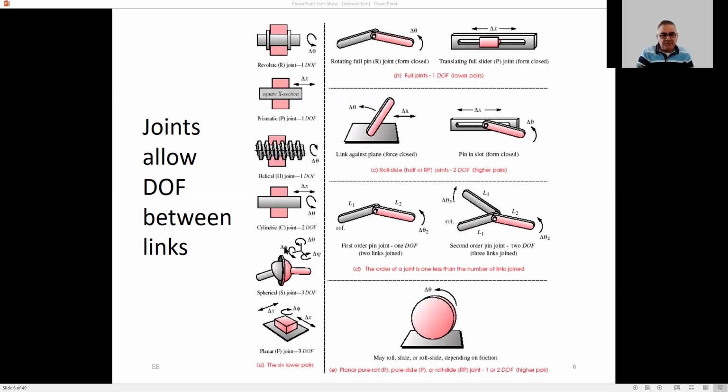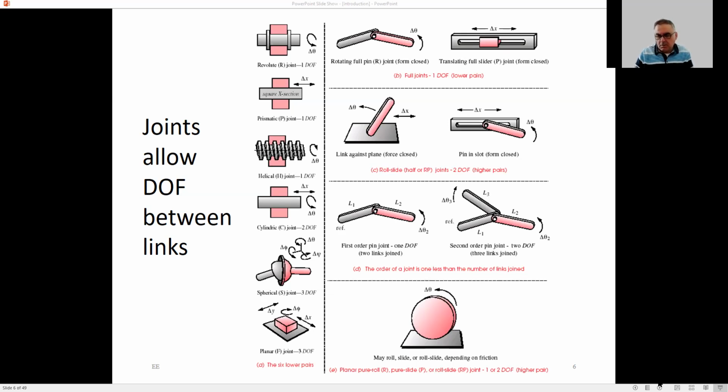Or you might have a spherical joint, in which two links can move with respect to each other and make three rotations. But these are more advanced. I will talk about these later. Just keep in mind that the most common joints are revolute and prismatic, R and P. We will be using these two most of the time, but there are others which you have to know.